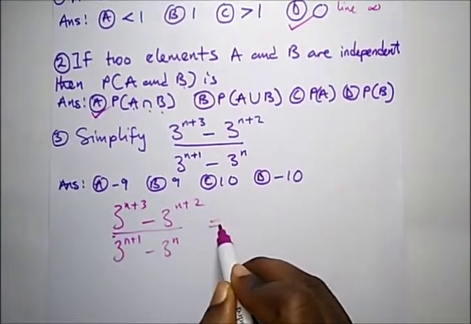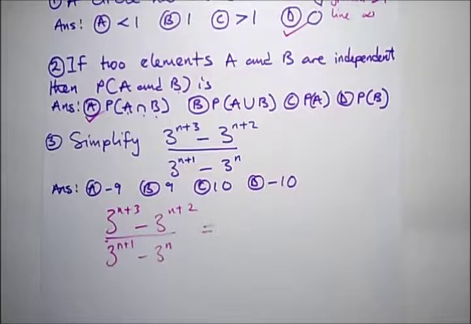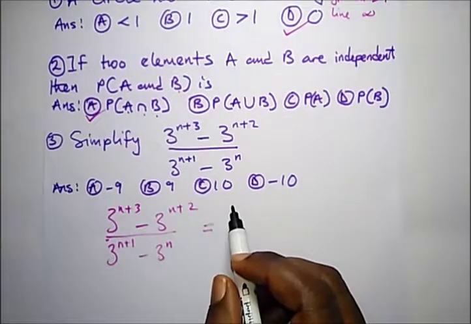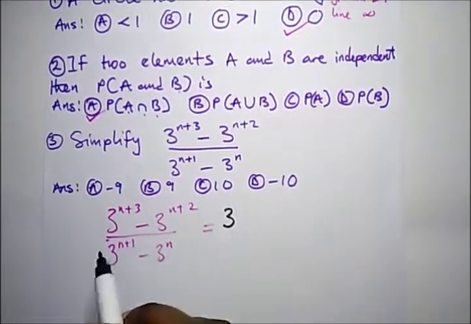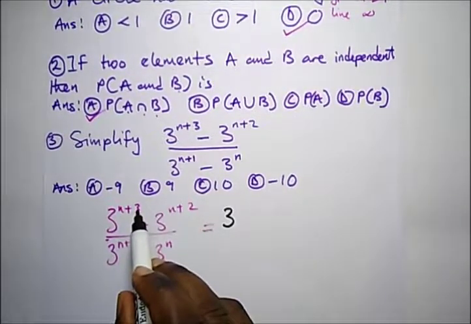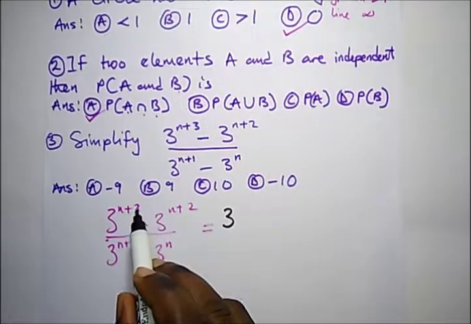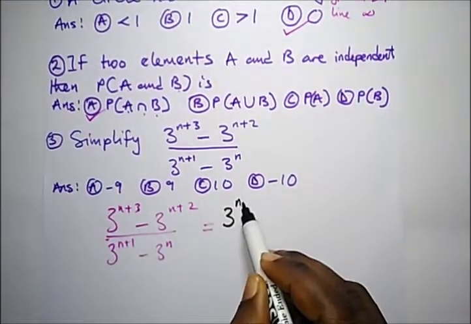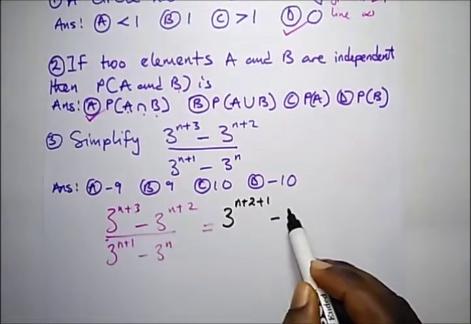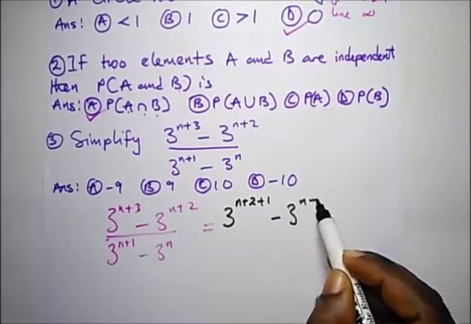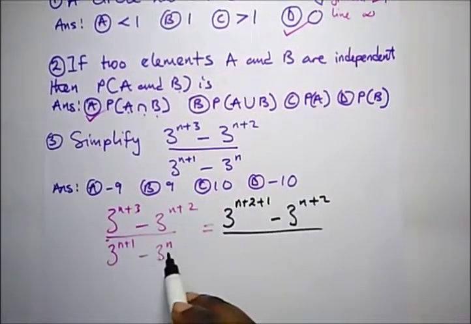So what we'll do is try to break this down so we can bring out 3. So let's break this 3 into 2 plus 1. So we have 3 raised to n plus 2 plus 1 minus 3 raised to n plus 2 over here.